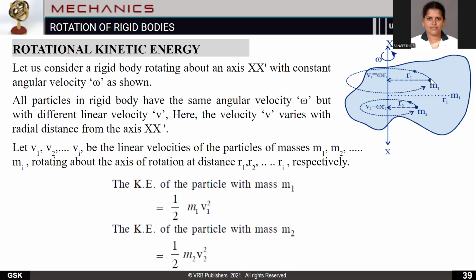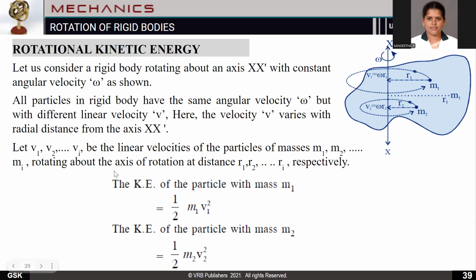The radius of particle 1 with respect to the x-dash axis is r1, and the radius of particle 2 is r2. Since the radius varies, the linear velocity varies with the radial distance of a particle from the axis x-dash.